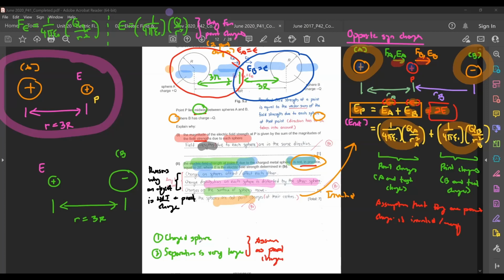This was what I explained in the first lesson: under what circumstances can you assume something as a point charge? It must be a sphere, and it must have very large separation.